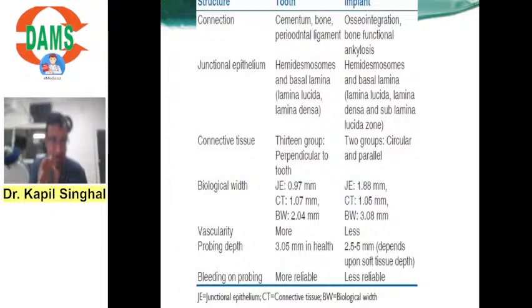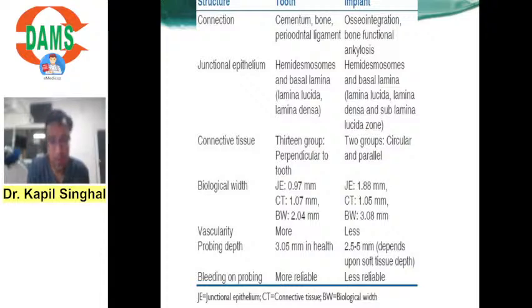Biological width for a tooth is 2.04 mm. So what is a biological width? It is the sum total of junctional epithelium and connective tissue. The width of the junctional epithelium is 0.97 millimeters and the width of the connective tissue is 1.07 millimeters.